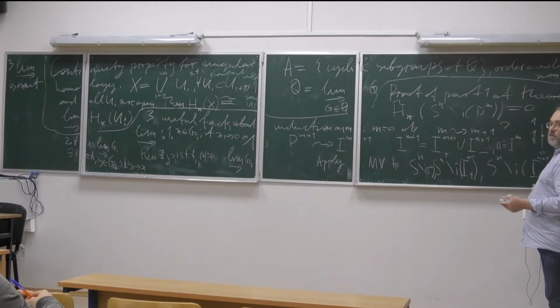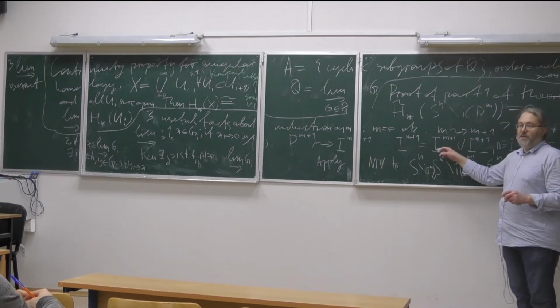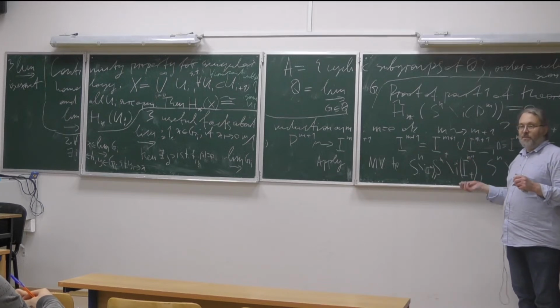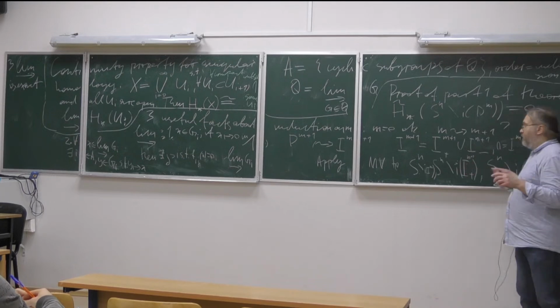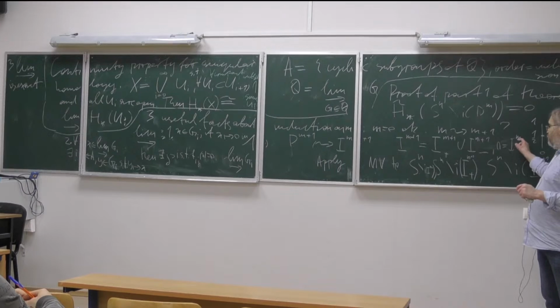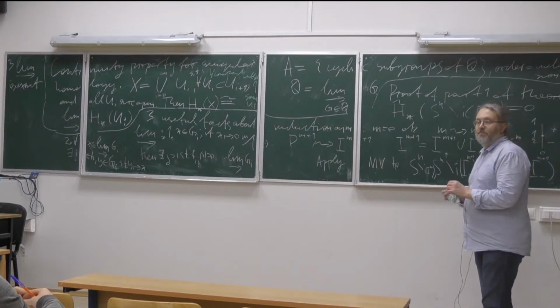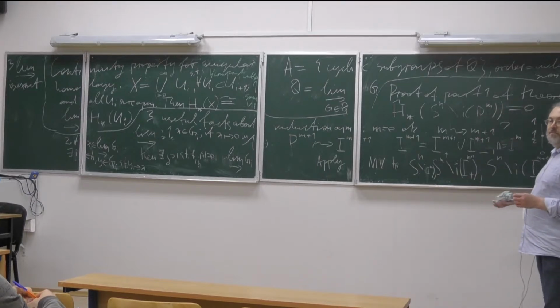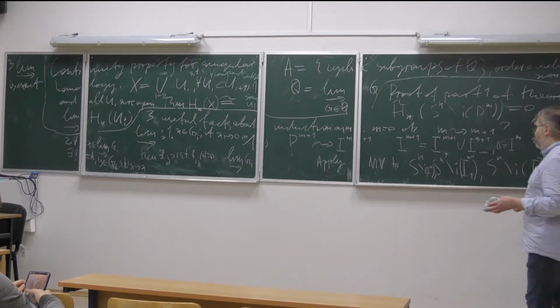Could you repeat this? These are two m plus 1 dimensional cubes. The intersection is an m dimensional cube, which I denote as I^m. To be precise, to apply the Mayer-Vietoris sequence, we need open subsets.